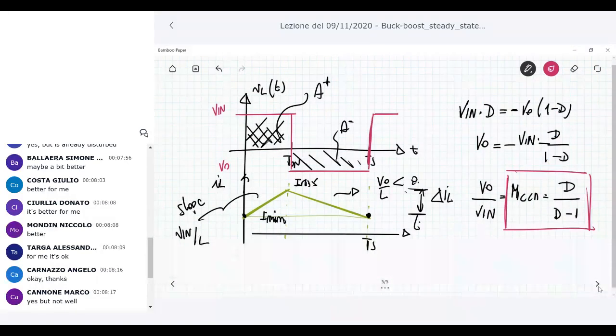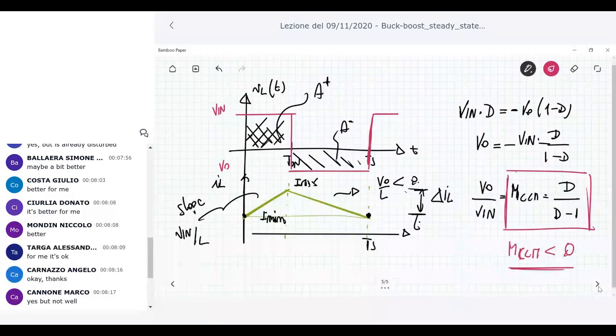Since D ranges from 0 to 1, of course, M in CCM is less than 0, is negative. That means that you have an inversion of polarity between the input side and the output side voltage. So that is very important.